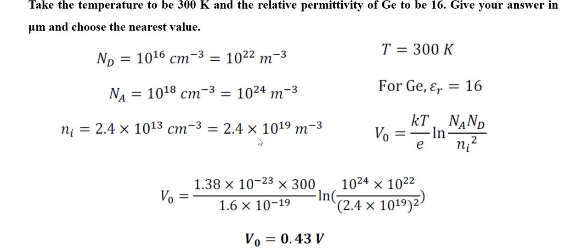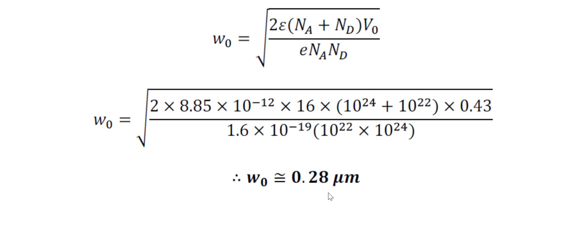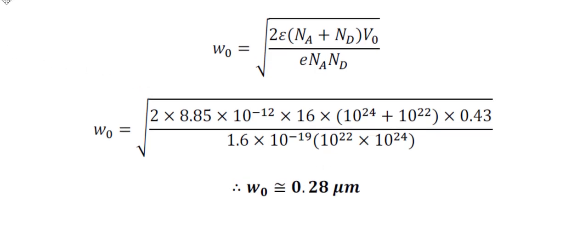There will be a difference in voltage, but it's better to convert to meters and then do it, so that everything will be in standard units. Final value is 0.28 micrometers. Okay, ma'am. So where have you made the mistake? Have you realized what the difference is? Yes, ma'am. Yeah, so maybe that conversion part you might not have done.